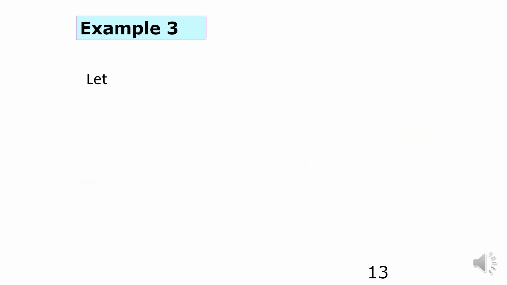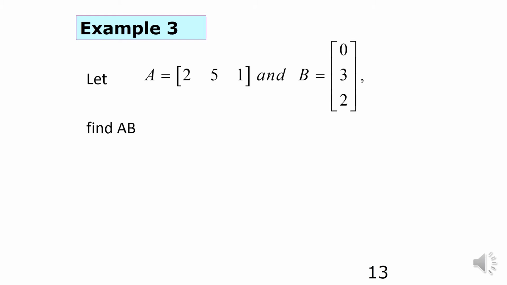So for this one, number 3, we have a matrix A: 2, 5, 1. Okay, this represents the first row, and matrix B, we have 0, 3, 2, which represents the first column. So we need to find the product of matrix AB.